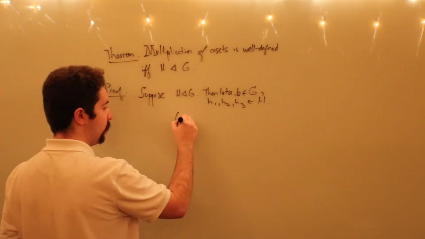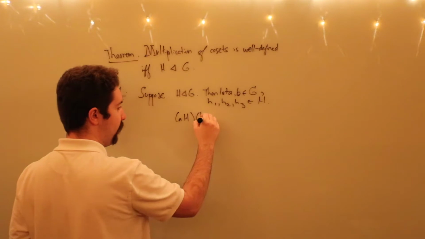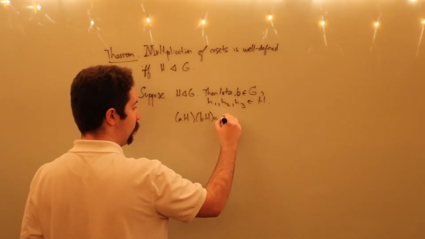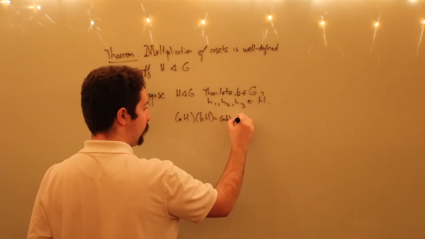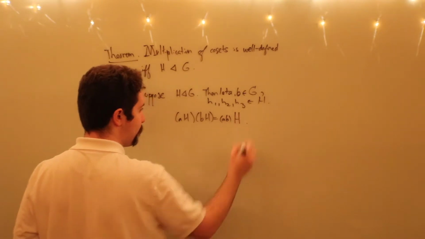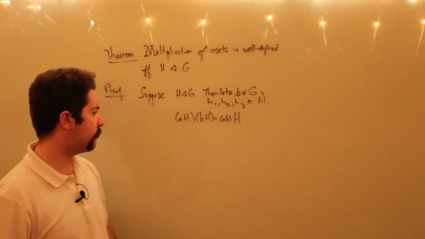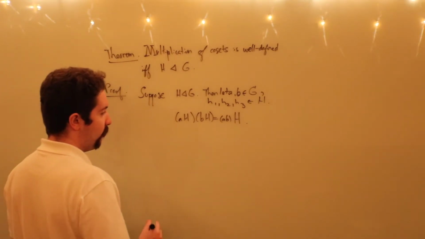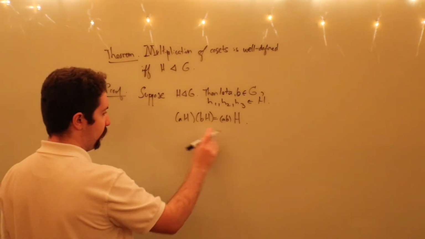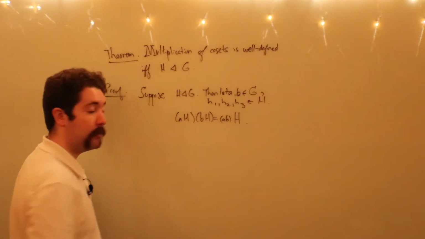So we want AH times BH to equal AB times H, right? We want this statement to make sense, and we want it to be true. All right, well, in order to do that, let's multiply out element-wise, right?